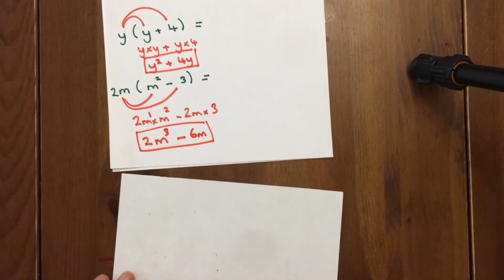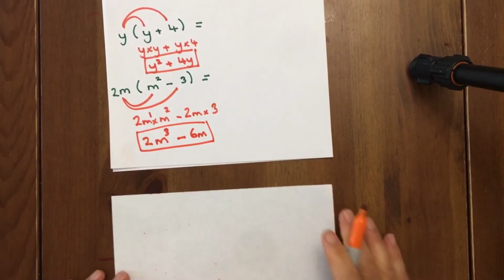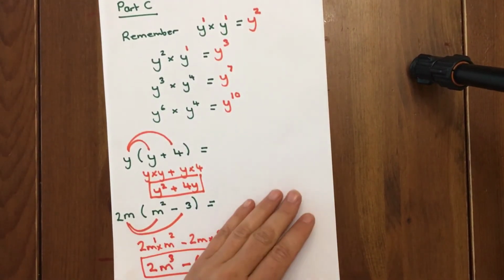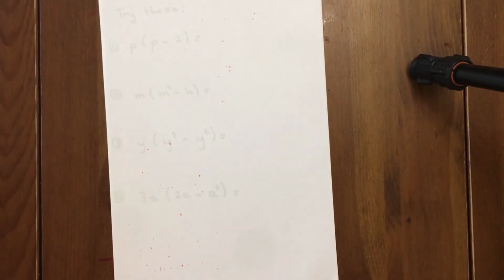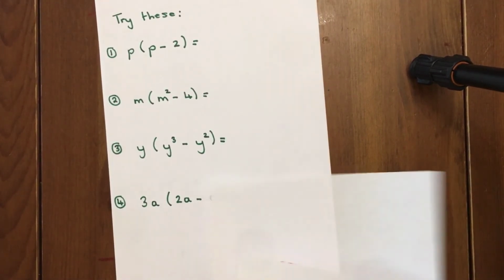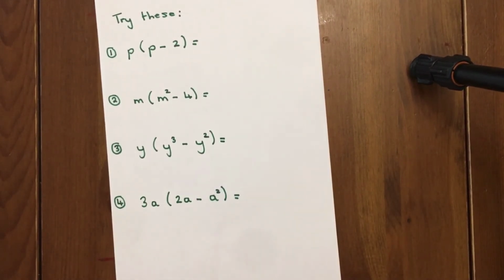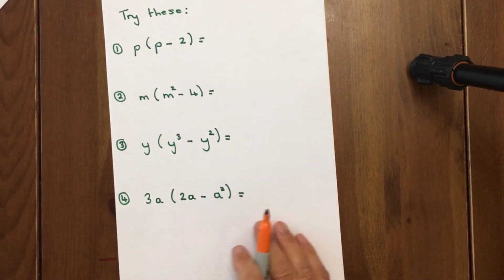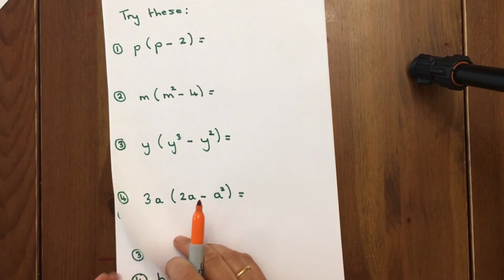Remember we did simplifying as well before half term. Okay, so now we are ready for you to have a go. Try these 4 questions. These are to support you with part C. So pause the video and do those 4, please.